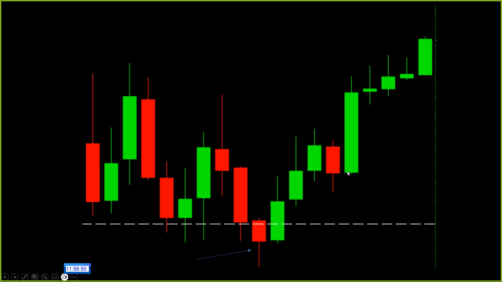So you still wait for the next candle to print. Look, bam, we make a higher high. This thing's continuing to go. The price action is going to tell you when it's time to get out and when it's time to stay in the trade. That's what the price action is going to do.